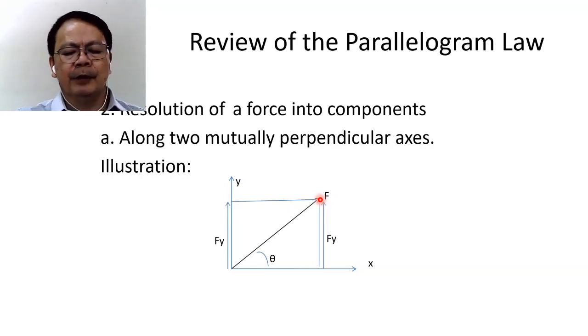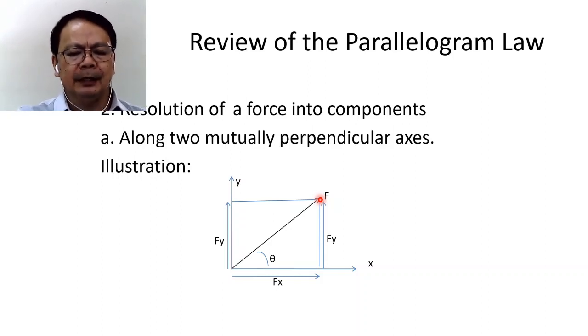And the side of the parallelogram represents the y component of F, while the other side represents the x component of F. And what we would like to do is to determine the x and y components of F, meaning the resolution of that F along the x and the y directions. Now looking at the illustration, you would see that you have here a right triangle such that the magnitude of F is known as well as the angle theta representing the direction of F measured from the positive x-axis.